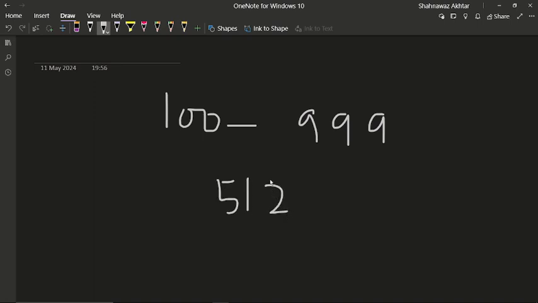But how will you check? How can you say that it is a three digit number? If you are able to count these digits, or there is a way. One thing tell me: this is the ones place, this is the tens place, this is the hundreds place. Yes or no?